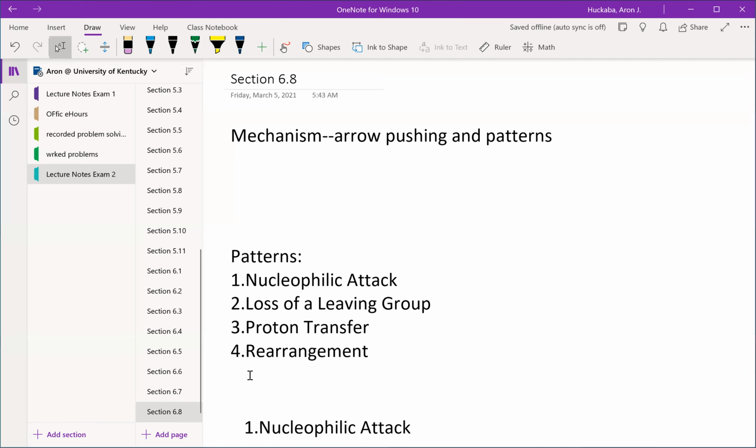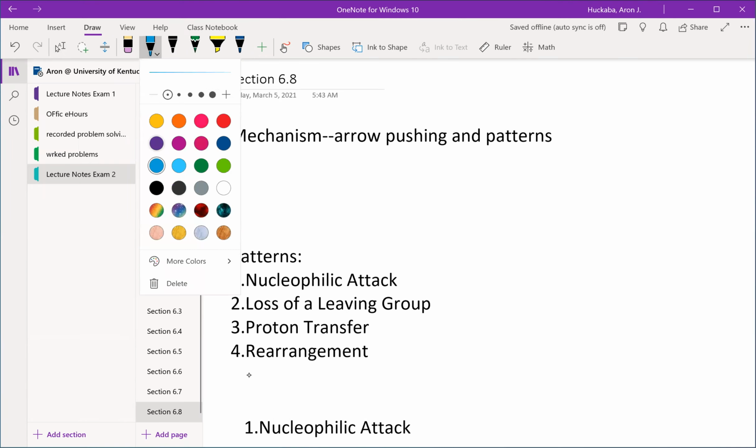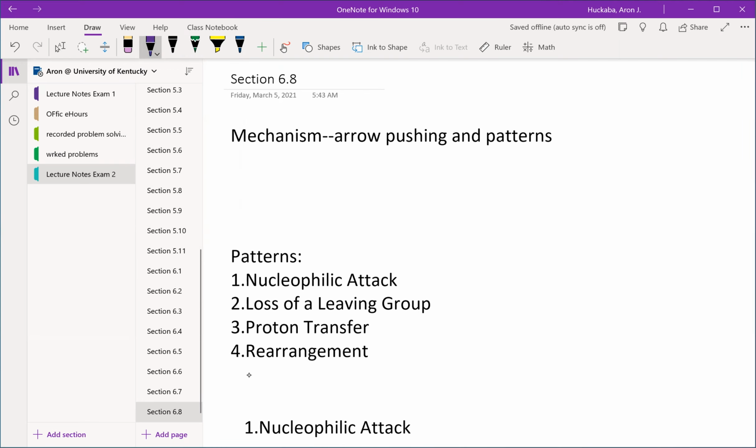We'll go into each of these in this lecture, but first, let me remind you a little bit about where we've seen arrow pushing already. So previously, we saw arrow pushing in two different sections. We had, in one section, acid-base reactions, right?